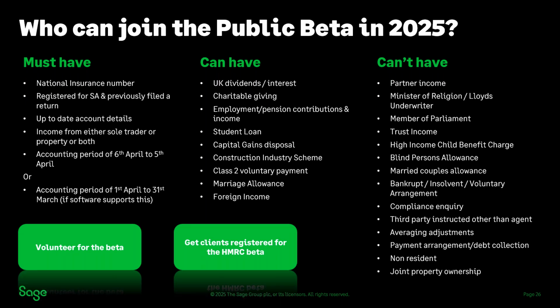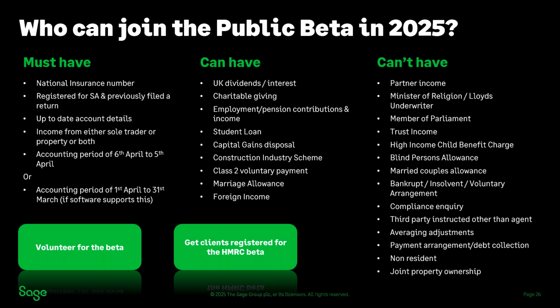Alternatively, you will find all of this information on the Help Centre. There are some must-haves, things that you must have to be able to take part in the beta. You can have certain things, and there are some things that you can't have. So make sure that you check this list to make sure that you do qualify.